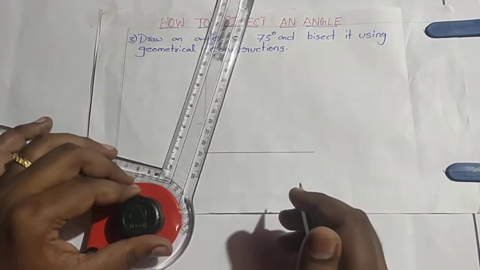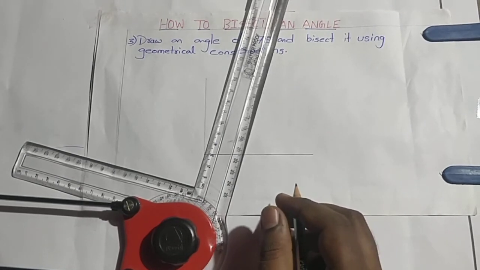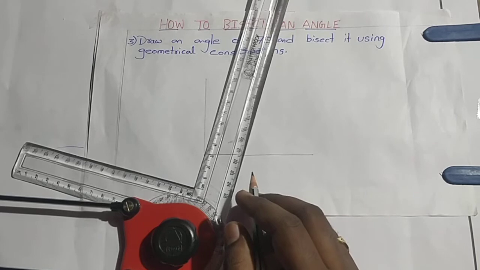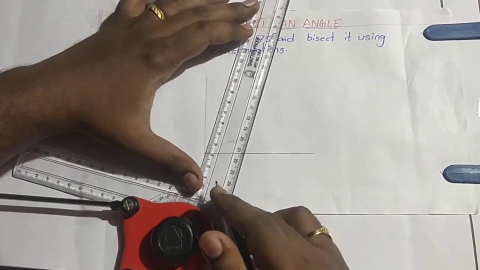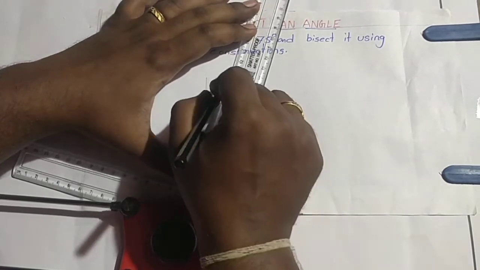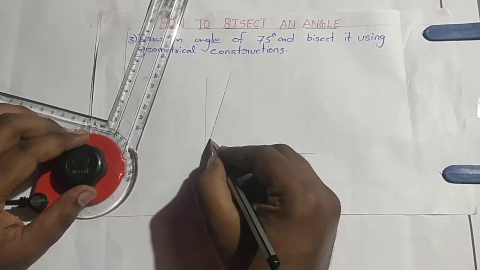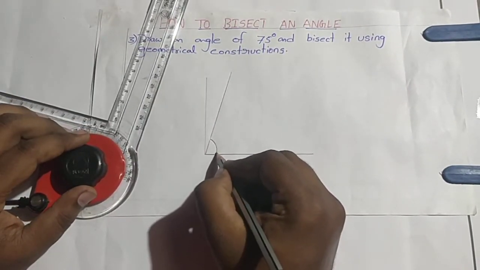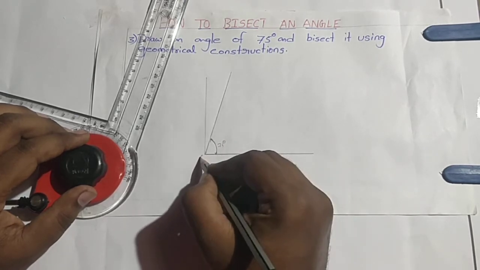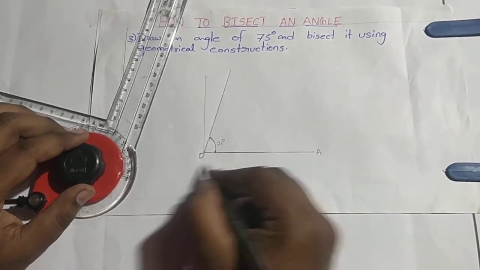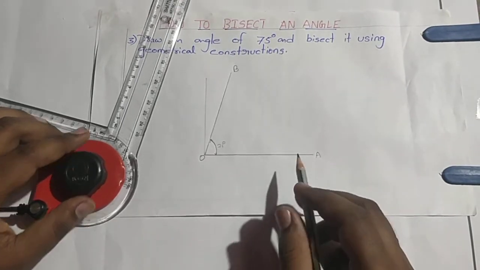I am making an angle of 75 degrees with the horizontal, drawing a line by using the horizontal scale. Here it is the angle of 75 degrees.